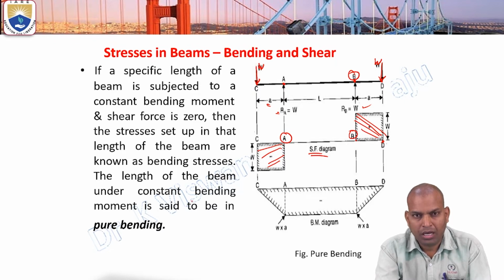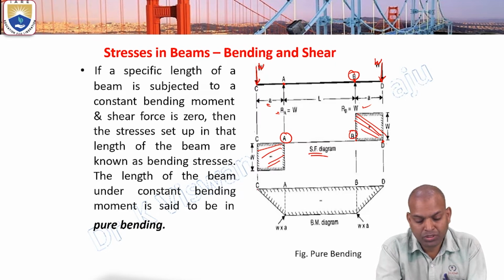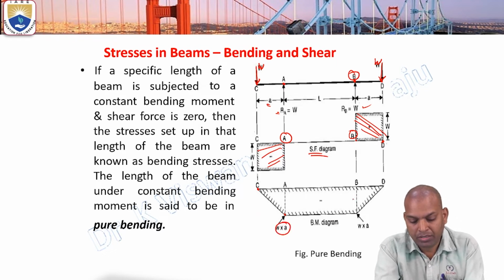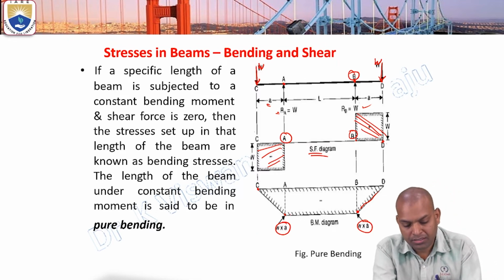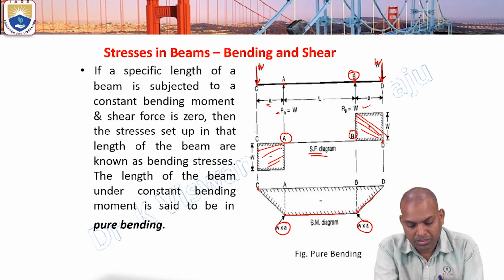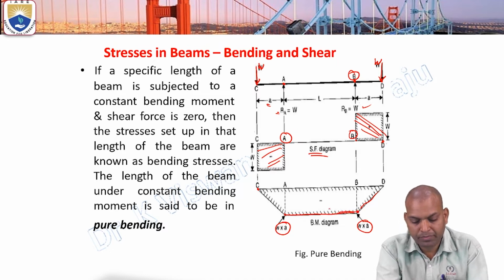After drawing the bending moment diagram, it varies linearly from C to A up to the magnitude Wa, and similarly from D to B it varies linearly up to the maximum Wa. Between A and B the bending moment remains constant at Wa.